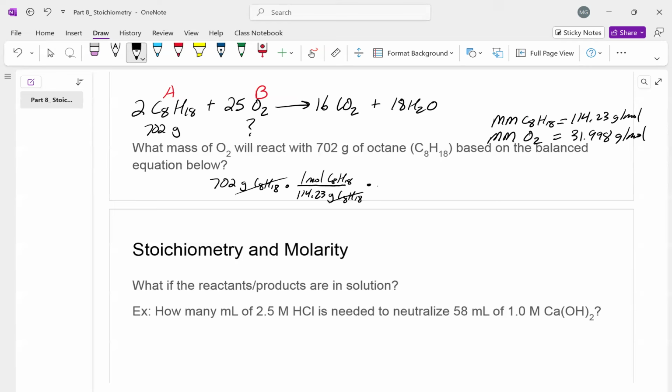Now, how do I get to oxygen? Well, the only thing that relates octane to oxygen is the balanced equation. The balanced equation says 2 moles of octane has to react with 25 moles of oxygen.